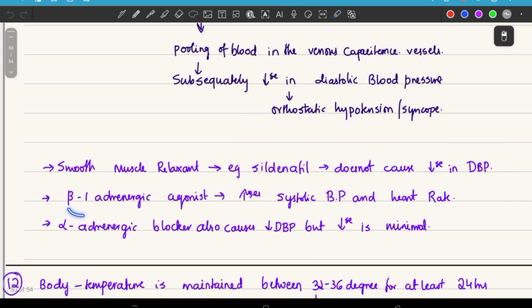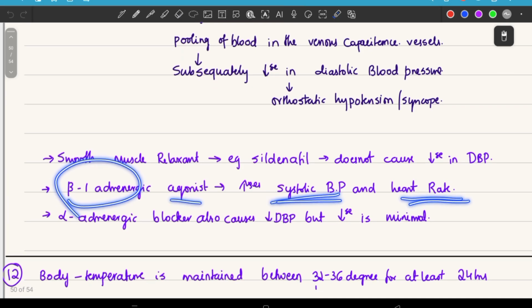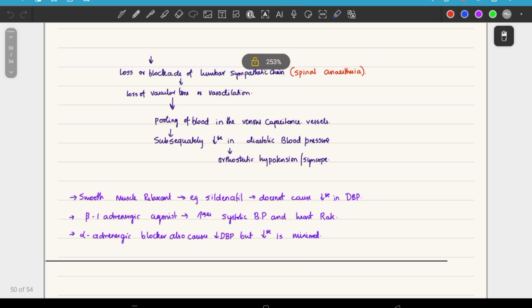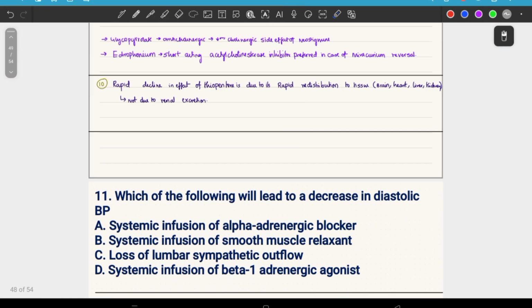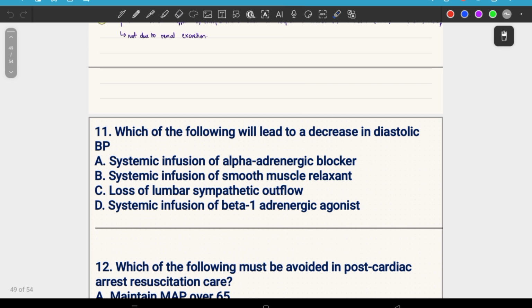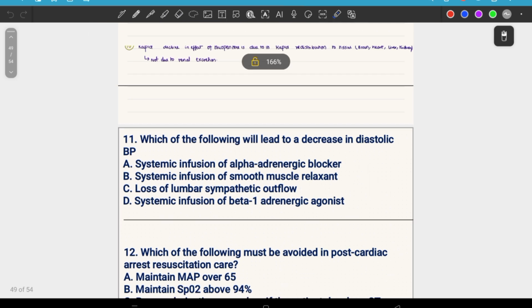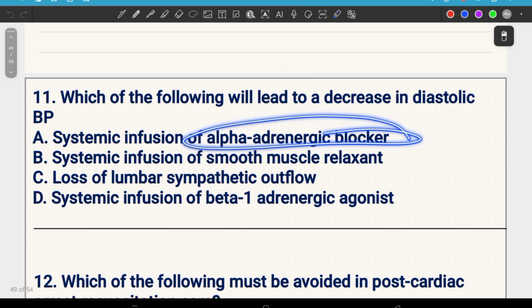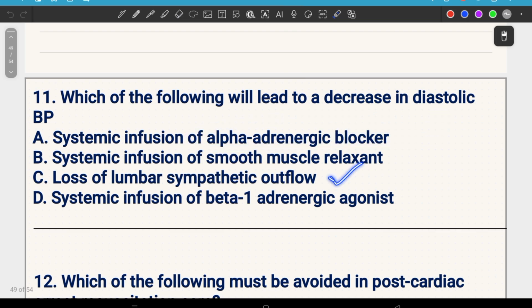The beta 1 adrenergic agonist causes an increase in systolic BP and heart rate. Alpha adrenergic blocker also causes a decrease in diastolic BP, but it is minimal. So here the preferred answer is loss of lumbar sympathetic outflow. Alpha adrenergic blockade also causes a decrease in diastolic BP, but the more preferred answer is C.